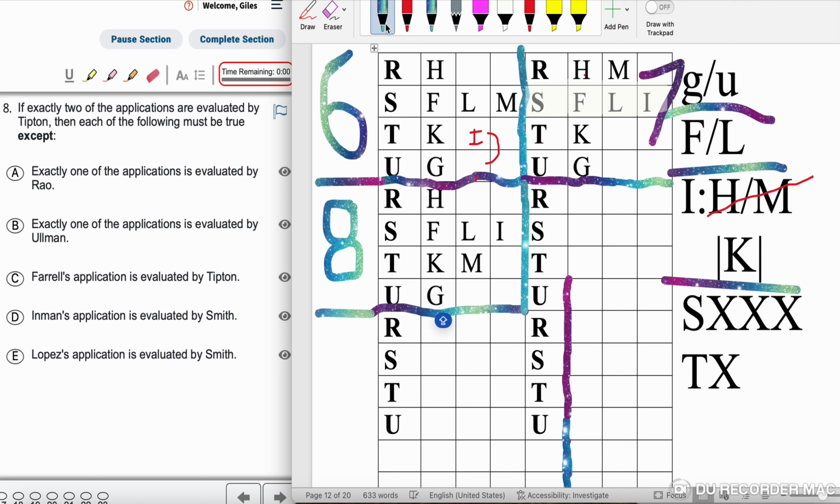So I'm going to be using the game boards where T has two pieces exactly, and that's going to be here. That's also going to be here. And if we really wanted to, for an emergency's sake, F and L have to be together.